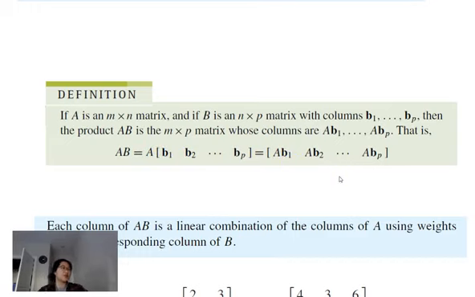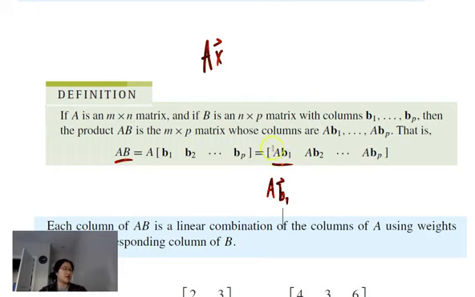Because we know how to do AX, A times a vector X, right? We can do that. So we're just taking multiplication of our matrix and representing it in a way that we know before. We're taking our matrix A multiplied by some vector b, and we're doing that for each of our columns of B. And so what size is our matrix going to end up being?